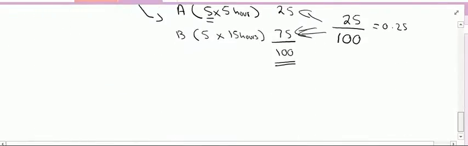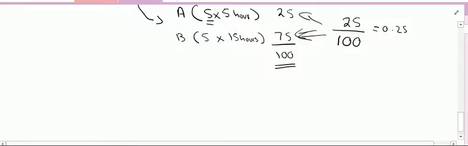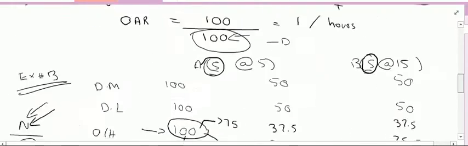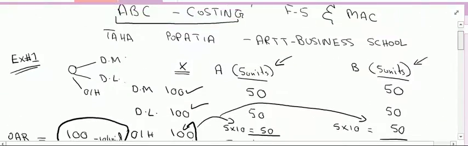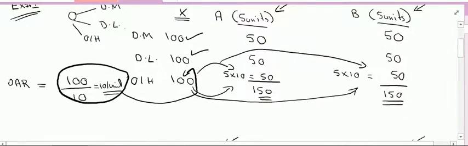So in ABC costing, what we did was we adjusted the numerator. We broke it into two portions from 100 into 75 and 25, and we actually reflected a more truer picture. Now if you compare overheads, in example number 1, the overheads allocation was 50 and 50. It did not reflect the efforts which A and B took. We just simply divided on number of units.